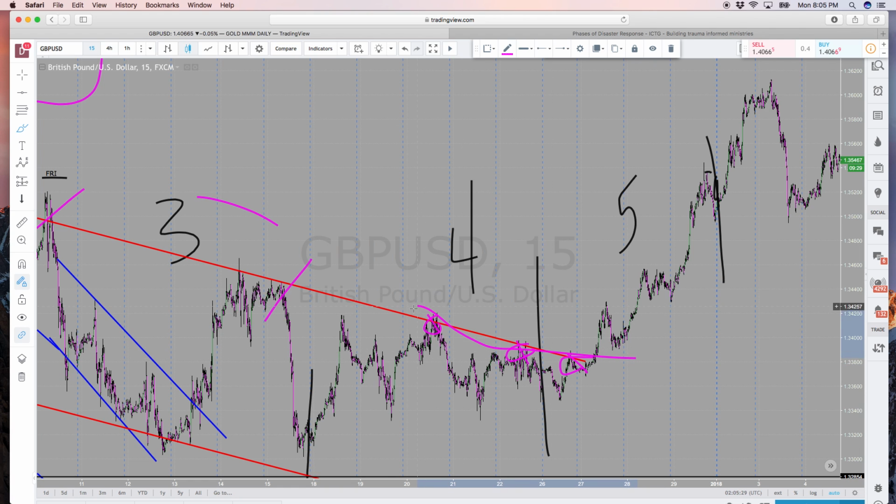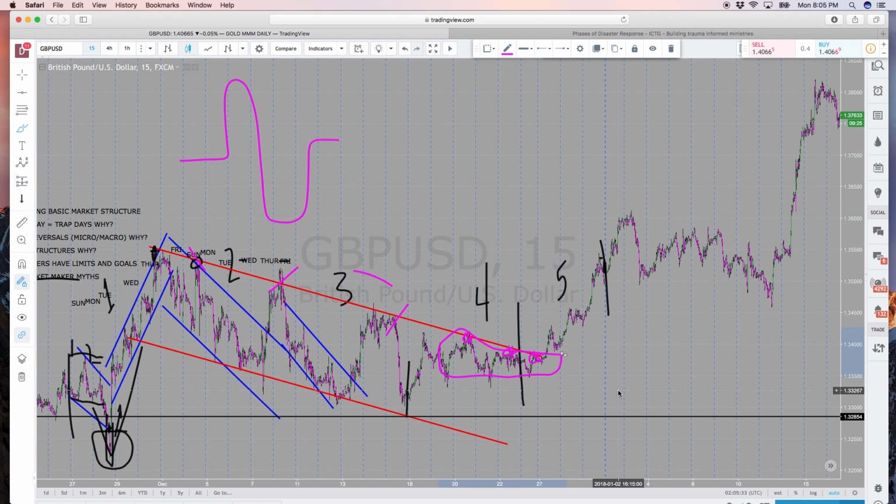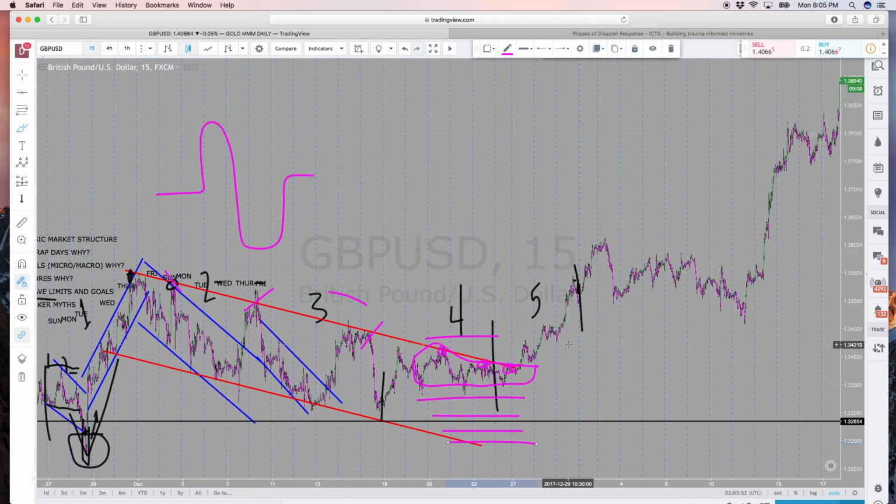So right in here is a massive sum of retail traders doing what? Selling with their take profits and stop losses where? Their stop losses are here. Their take profits are somewhere down here and here, right?